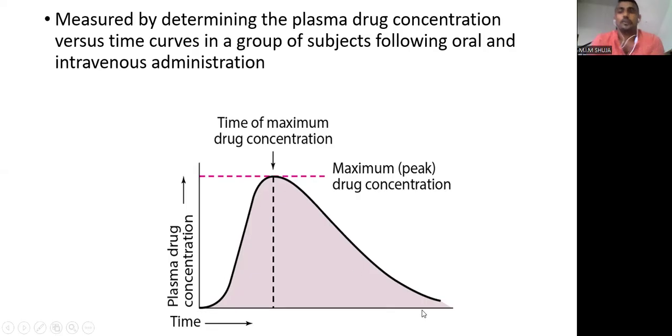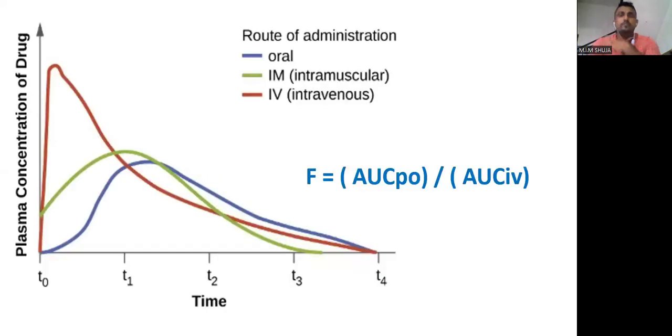So they said it is measured by determining the plasma drug concentration versus time curves in different groups of subjects following oral and IV administration. So this is the IV administration.